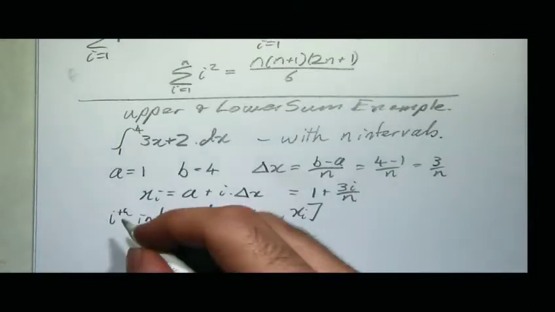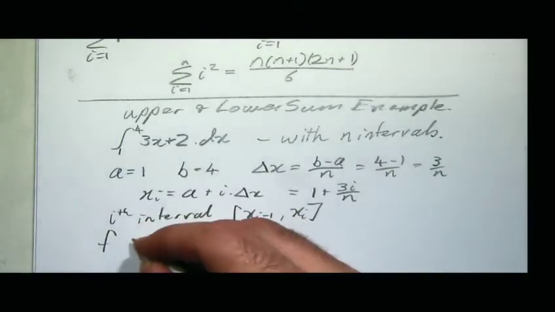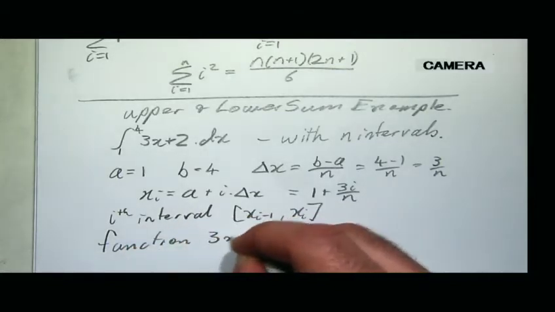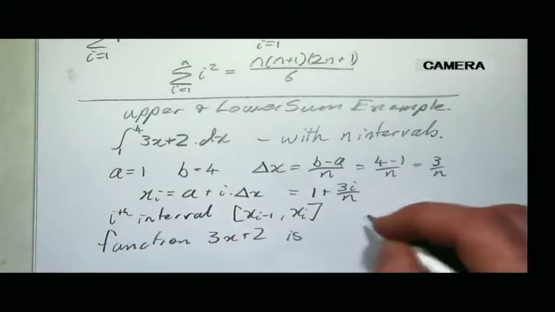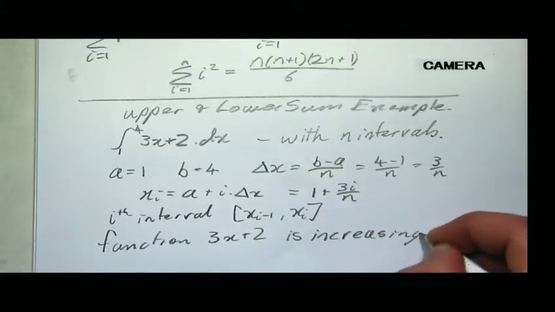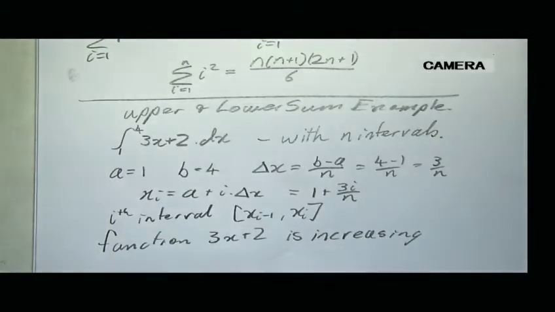Now, an observation about the function. The function 3x plus 2 is increasing. Really important. When I've got something which is either increasing or decreasing, it makes the upper and lower sum easier to work out.